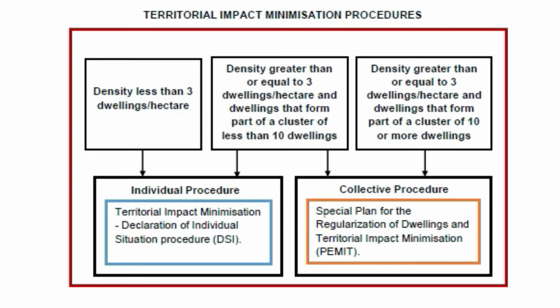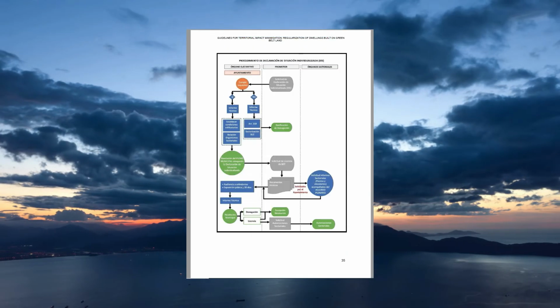It's a shape which includes or excludes properties according to what really makes sense. It's actually a very good thing. They've introduced an element of flexibility there. So that's the criteria for knowing which procedure is relevant for you. And let's move on to have a look at the procedure itself.